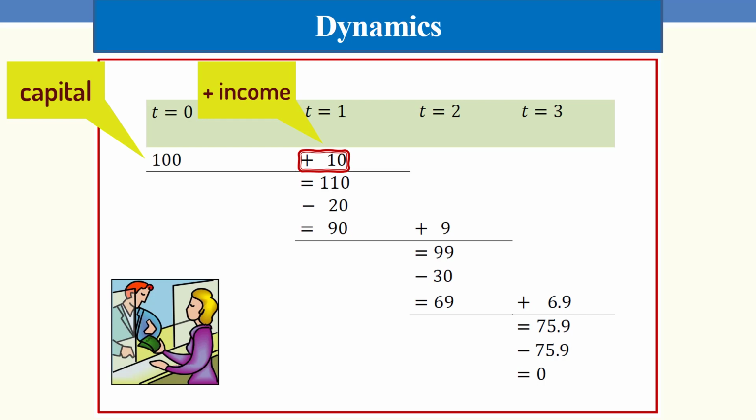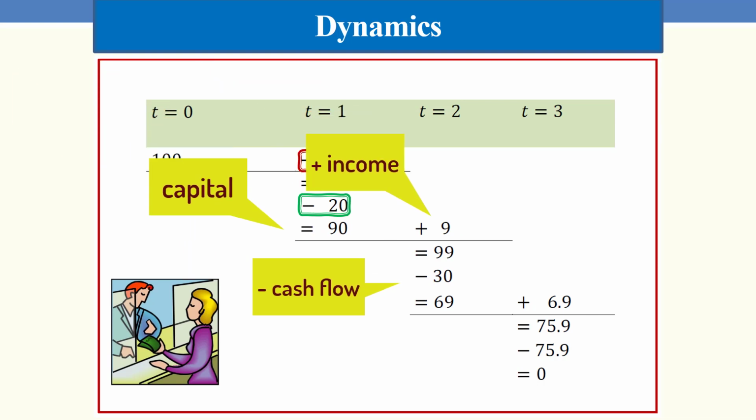At time 1, the firm pays, say, $20 cash to capital providers, which means that $20 are extracted, withdrawn from the firm. The firm's capital then decreases to 90, which is the capital invested by the firm at the beginning of the second period, that is, at time 1.